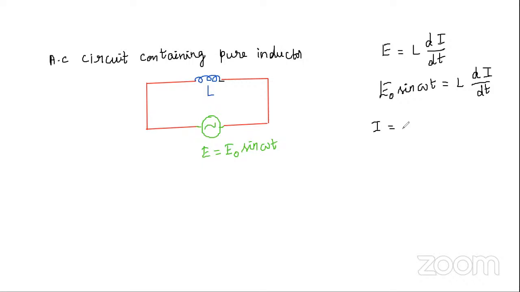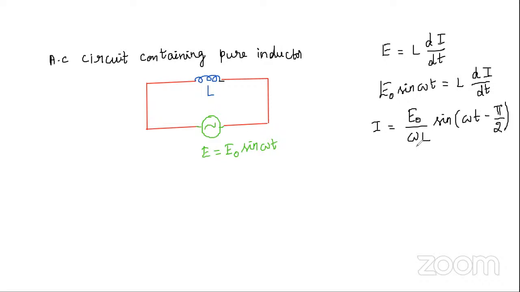I is equal to E naught by omega L sin within the bracket omega t minus pi by 2. I equal to E naught by omega L sin omega t minus pi by 2.